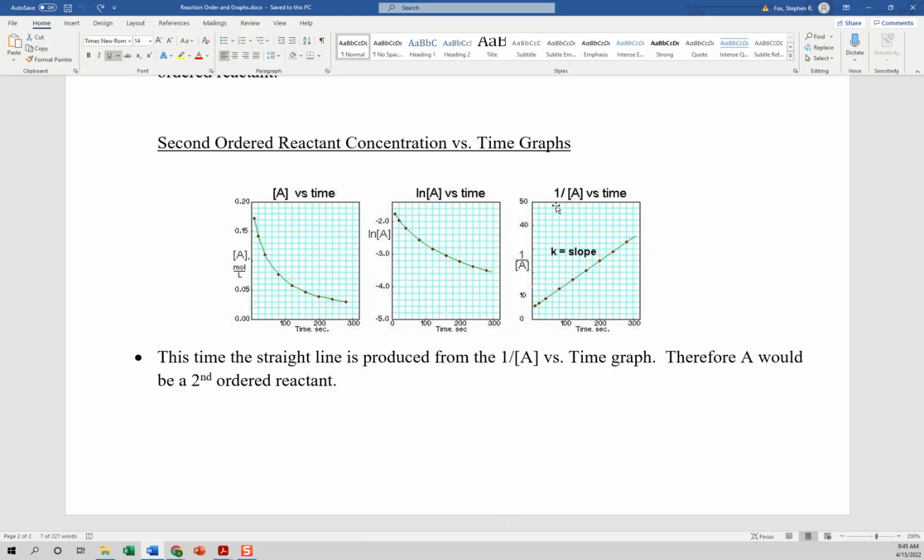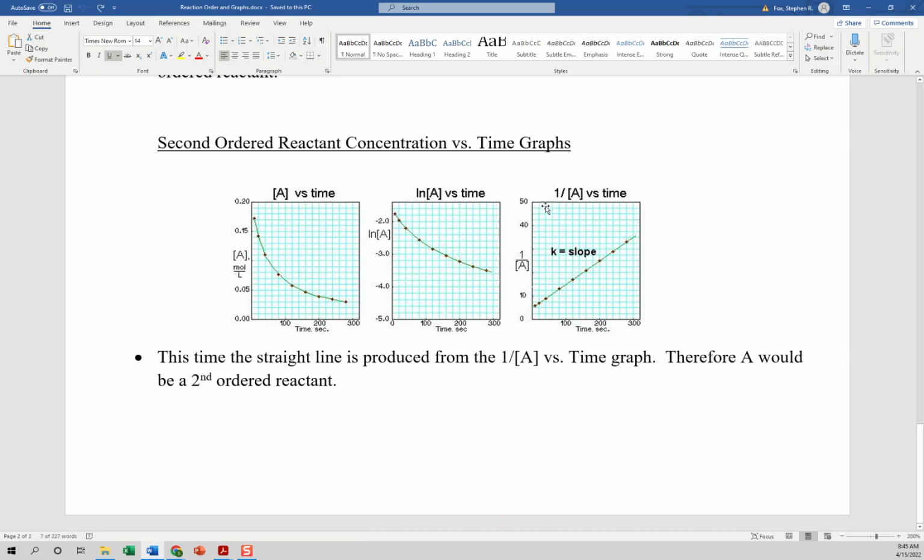You don't have to do that. Just use the absorbance values or the partial pressure values as if they were concentration values, because they're directly proportional to the concentration. They're going to make the same types of graphs and behave the same way, so you don't have to do any kind of conversion. Hopefully that makes sense to you.